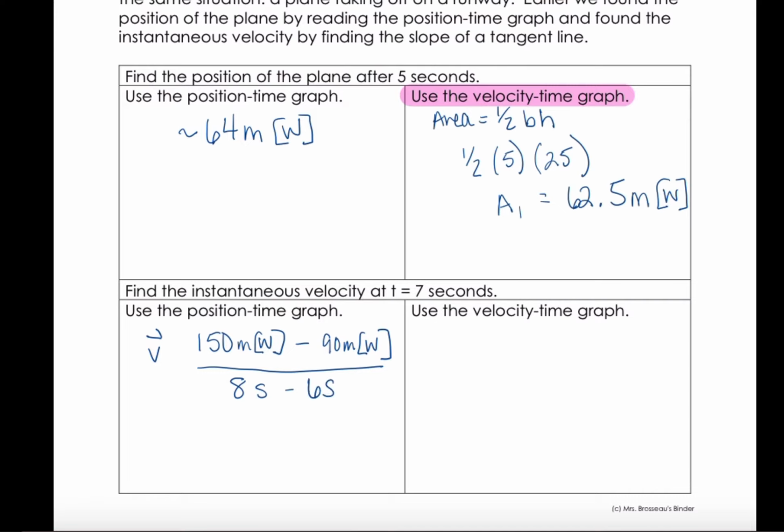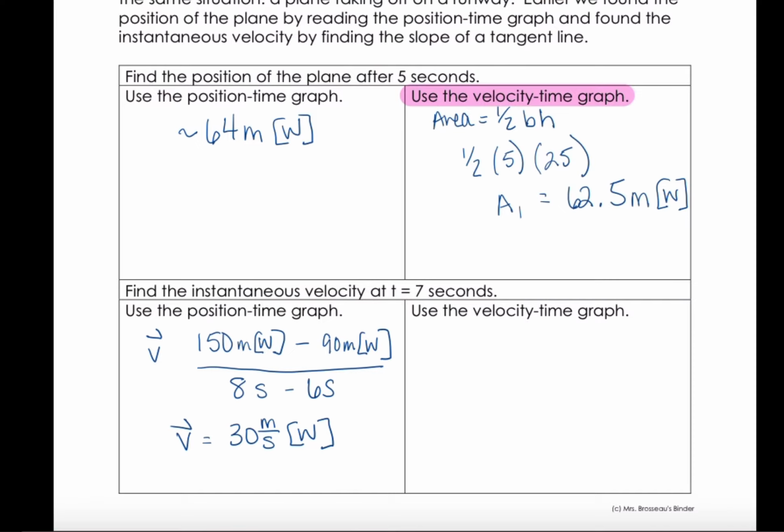So whenever we subtract and divide that out, we get 30 meters per second west for our instantaneous velocity at t of 7 seconds. So that was finding the slope of the tangent line.